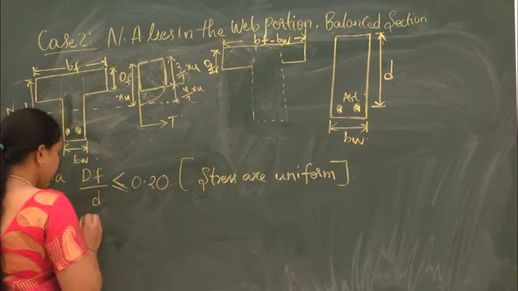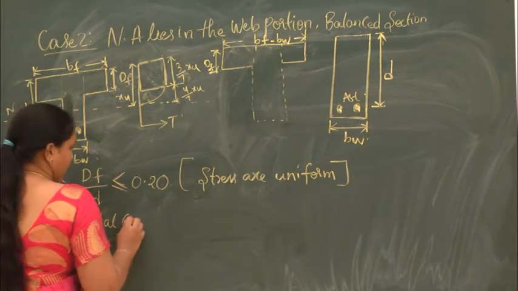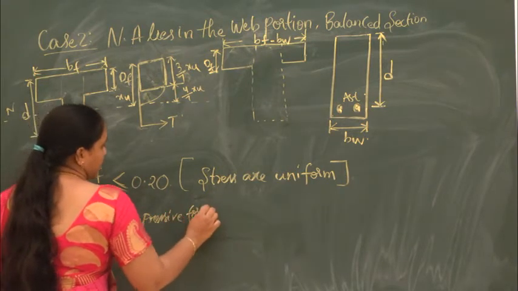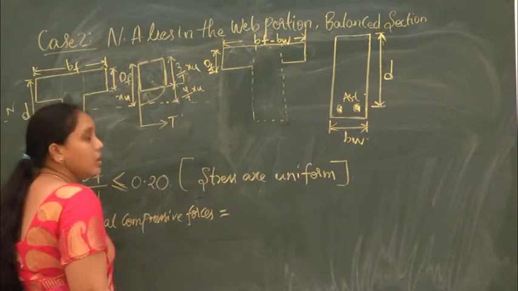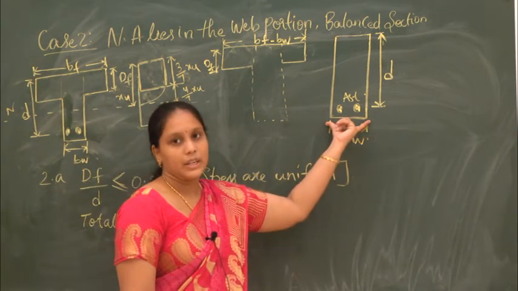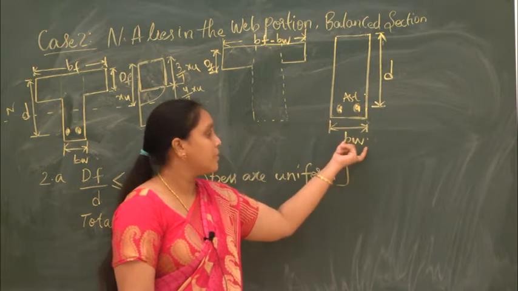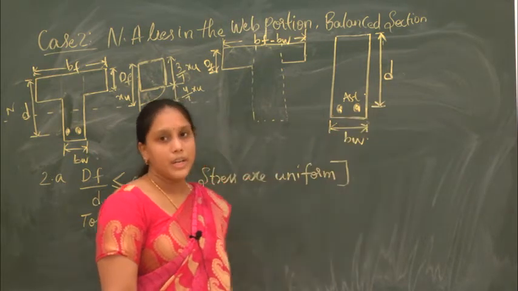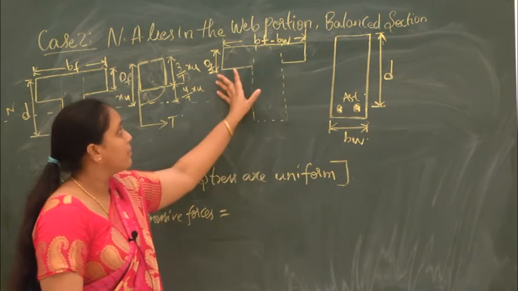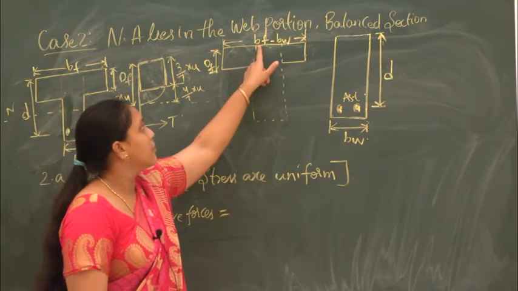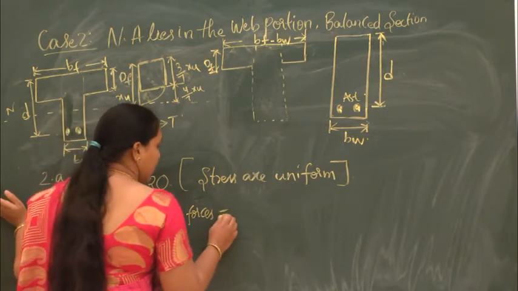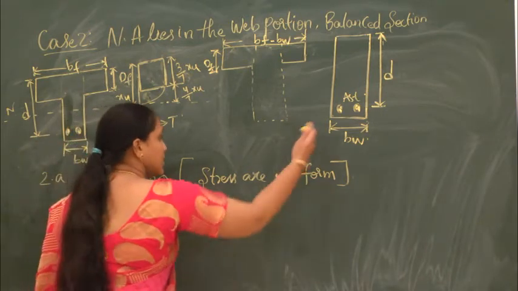The total compressive forces will be equal to the compressive force in this rectangular beam of width BW and effective depth D, and this particular beam of width BF minus BW and depth DF. So let me write down the compressive forces.